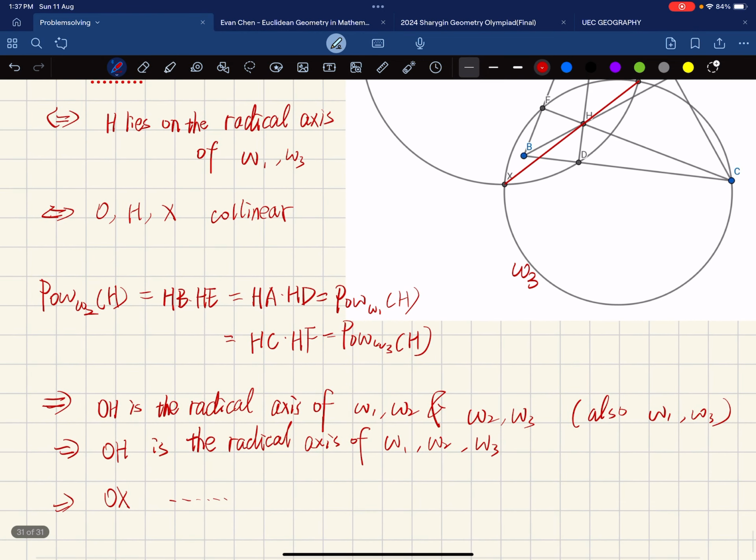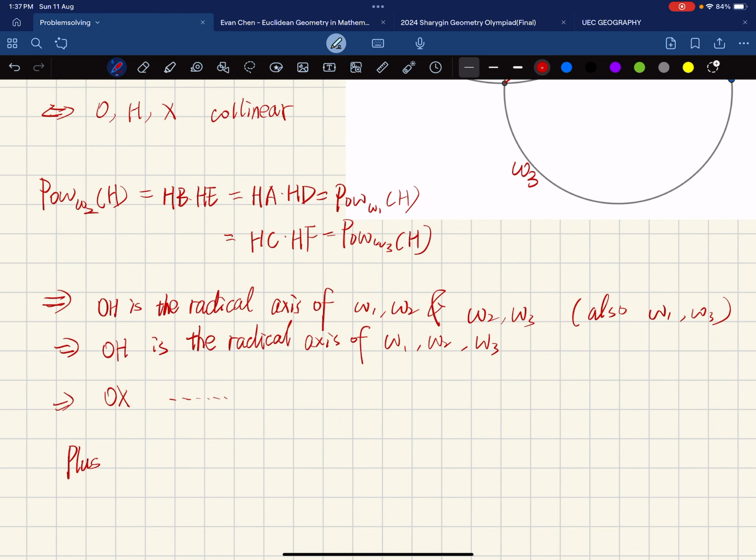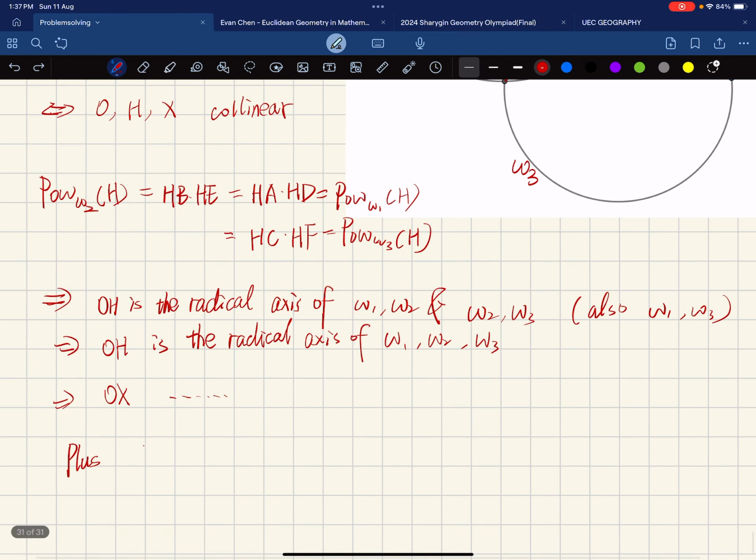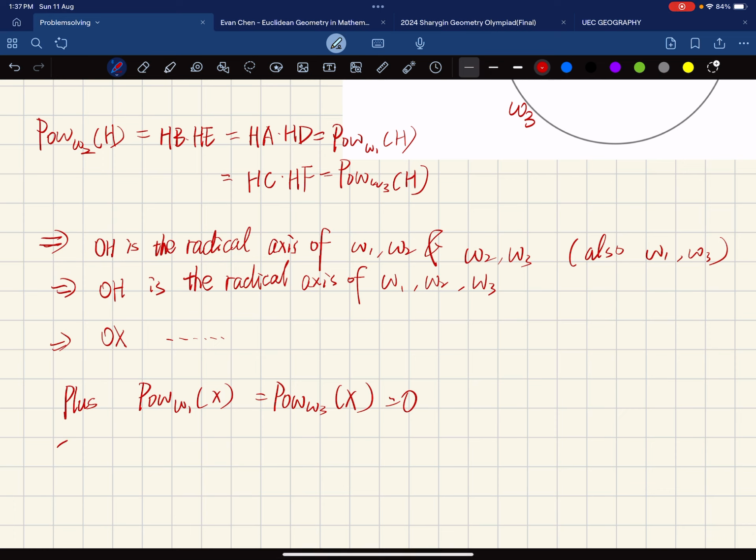Plus, the power of X to omega 1 equals the power of X to omega 3 equals 0, since X lies on the two circles. And then X lies on omega 2. That is very obvious, right?